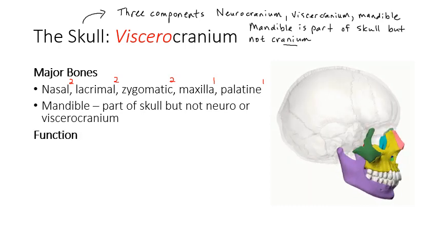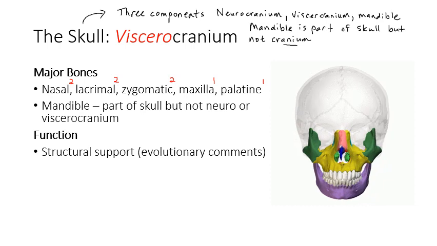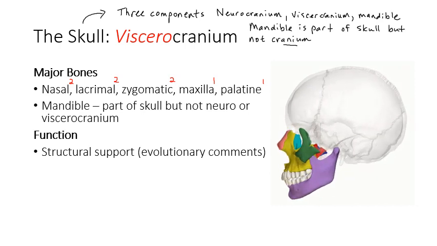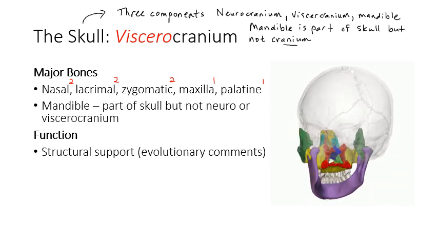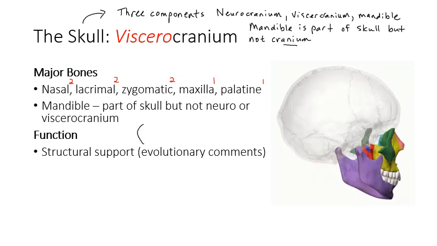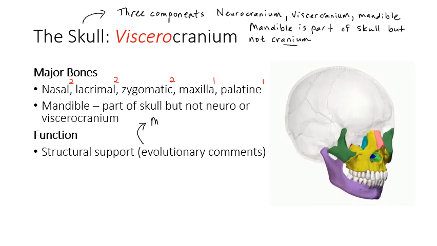The function of our viscerocranium is structural support. It provides our face. Ultimately, we do see some evolutionary differences over time. For example, for evolutionary comments, I'm going to point out the mandible.